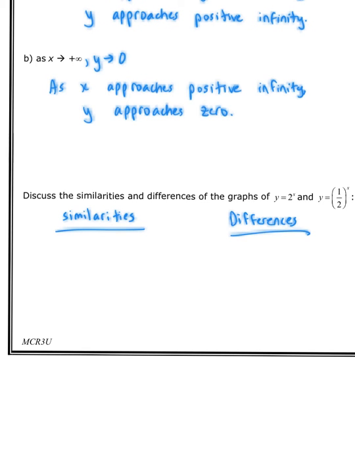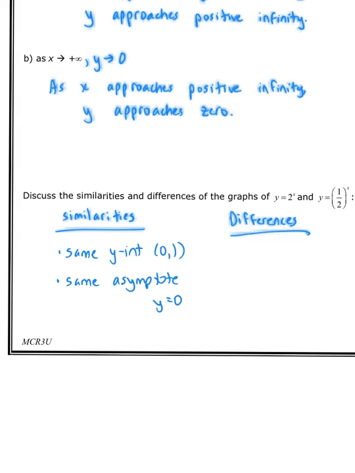And finally, we will take a couple of minutes just to compare the similarities and differences of the two functions that we've looked at, exponential growth and exponential decay. So similarities, we notice that they both had the same y-intercept at (0, 1). We also notice that they have the same asymptote of y equals 0.